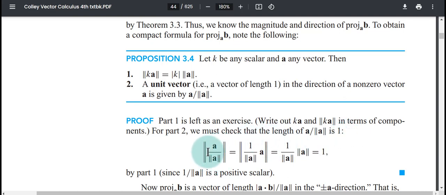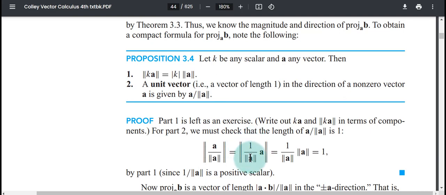So what does that mean? We want to take this thing and calculate its norm, because that's what we mean by the length. We want the norm of this thing inside. We can write it like this, and then we're allowed to bring this part out. Why is that? Because presumably we just proved part 1, which says exactly that we can take a constant outside of the double bars.